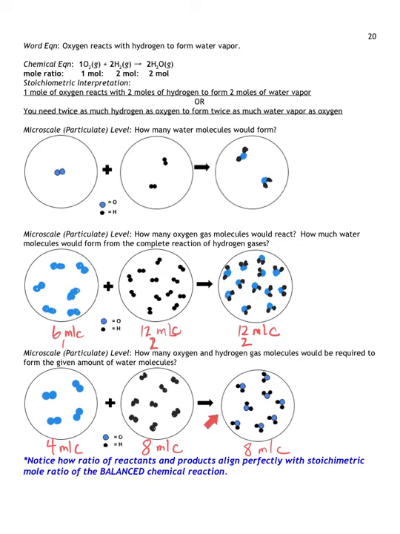So it's very important that you understand that this is basically what you're doing when you're doing stoichiometry. You're just fitting into the ratio of the balanced equation. And the balanced equation is your recipe. You're just following the recipe for how the reactants react to form the products.